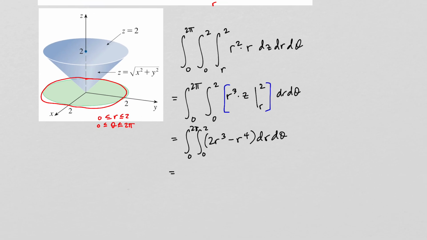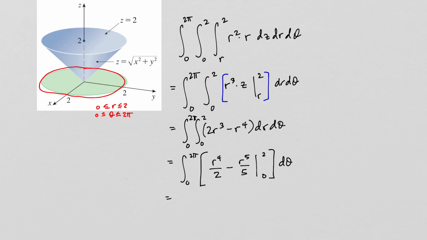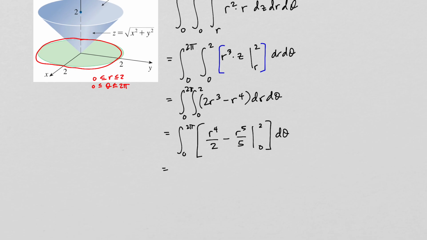Integrating now, we have the integral from 0 to 2 pi of 2r to the 4th divided by 4, which is r to the 4th over 2, minus r to the 5th over 5, from 0 to 2, and then d theta. Plugging in 2, we get 16 divided by 2, which is 8, minus 32 over 5.